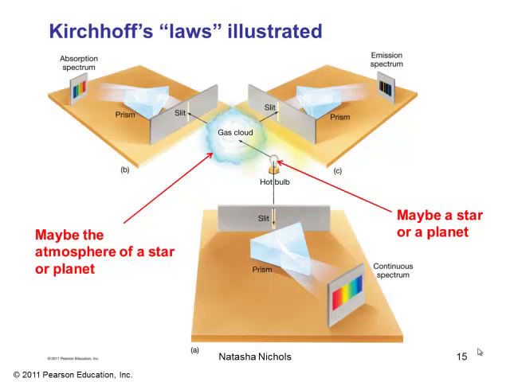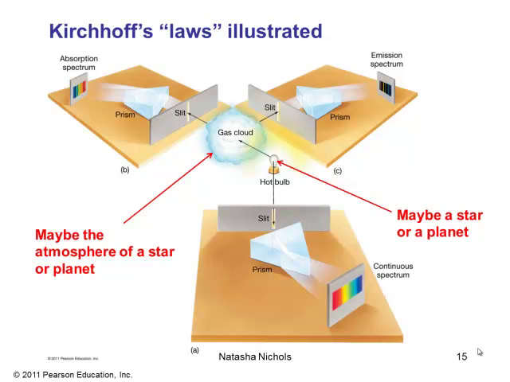If you take a look at frame B on the left, when the source is viewed through a cloud of hydrogen gas, a series of dark hydrogen absorption lines will appear in the continuous spectrum. If the gas cloud is made out of helium, then we would end up seeing the dark helium absorption lines.